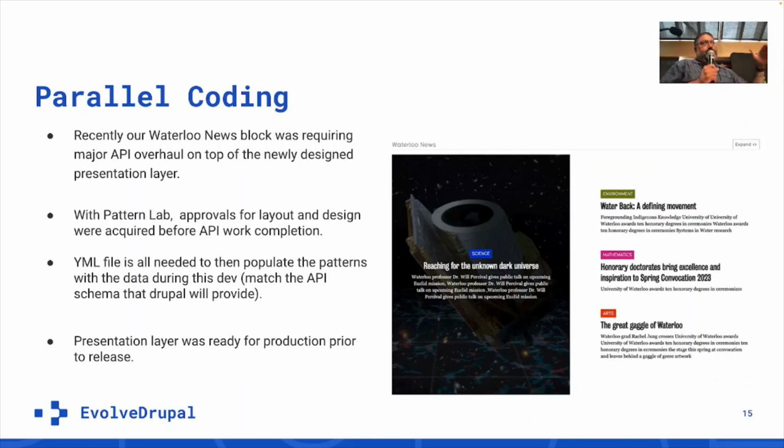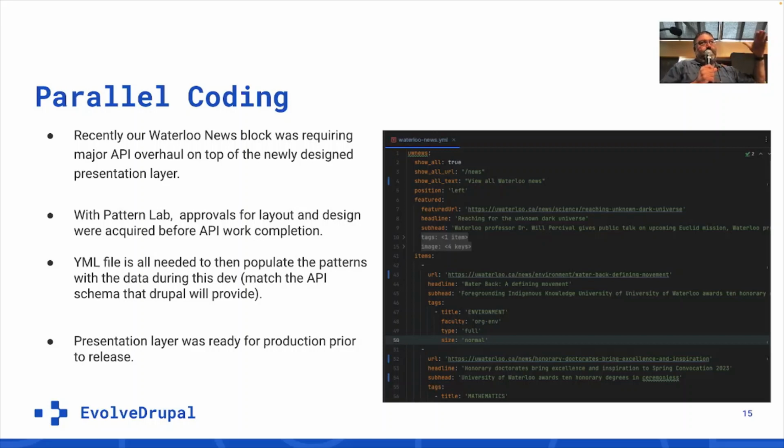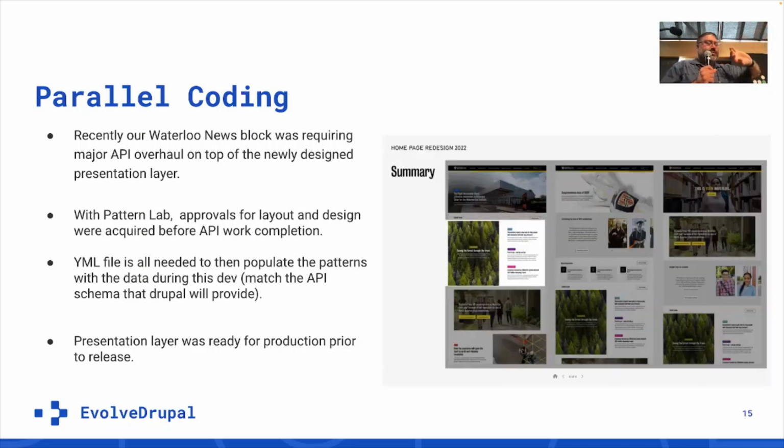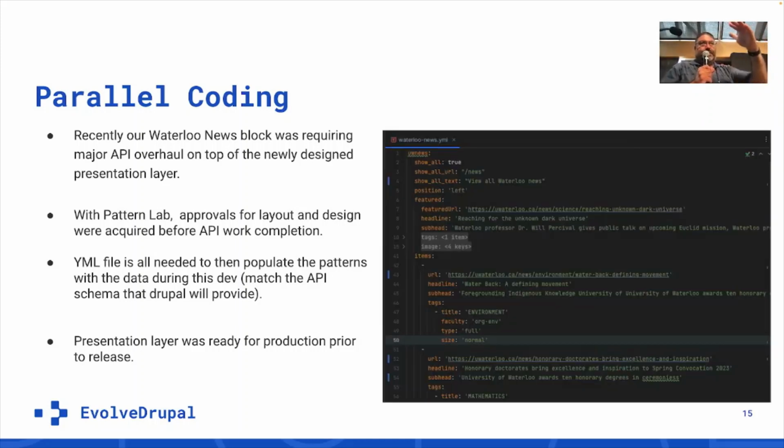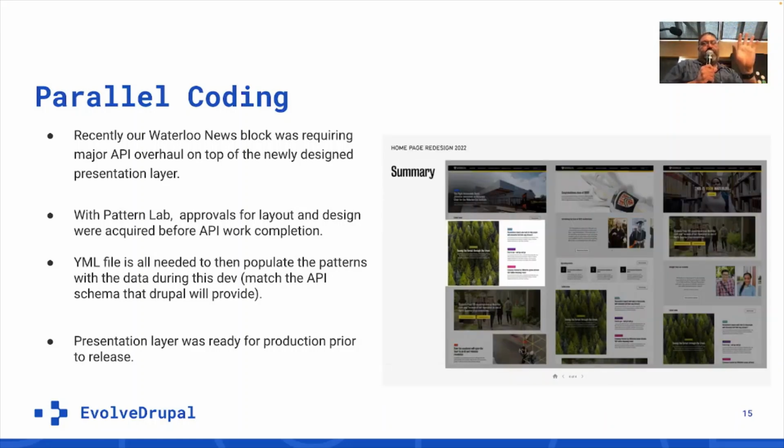And it was nice because Martin and I basically parallel coded. He did all the front end stuff, went through multiple revisions, went to multiple people. He got it all approved using Pattern Lab without touching any of my stuff. I was able to do all the API stuff, get all the block stuff, get all that logic figured out, and then in about an hour and a half, we had the whole thing connected together.